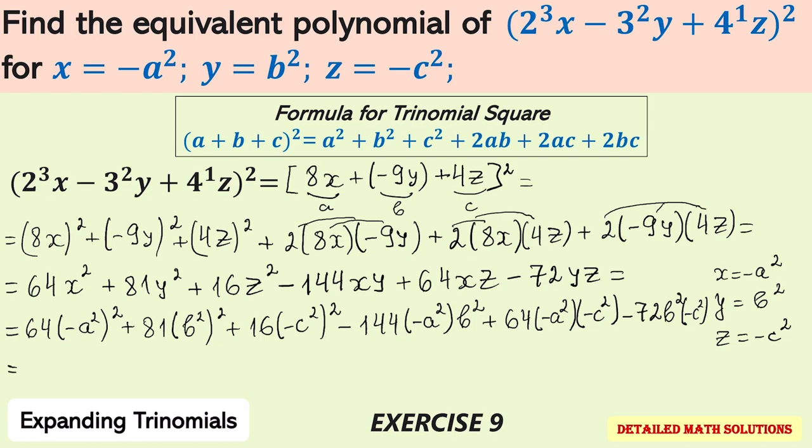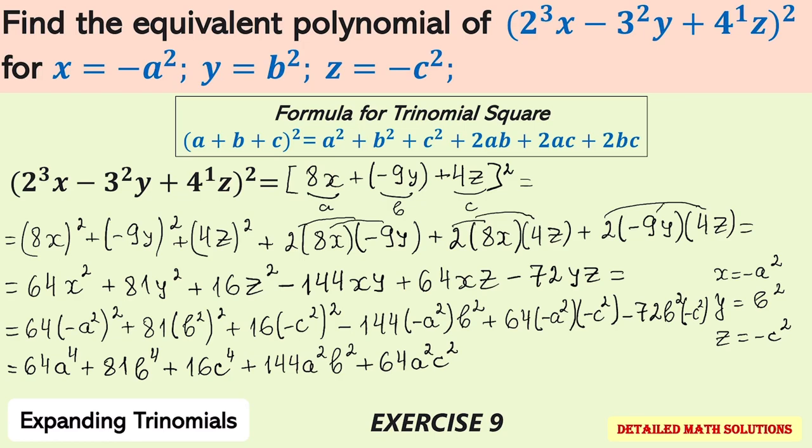When I simplify further, I get 64a to the power of 4 plus 81b to the power of 4 plus 16c to the power of 4 plus 144a squared b squared plus 64a squared c squared plus 72b squared c squared.